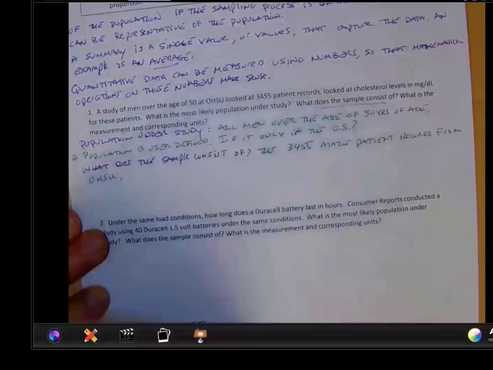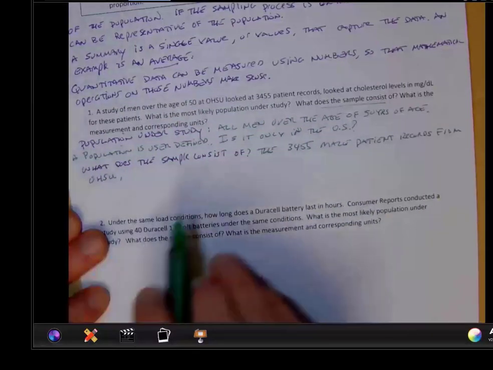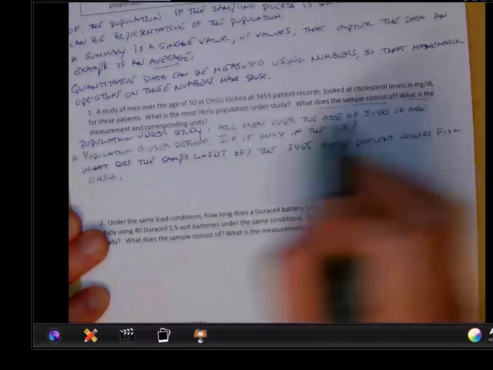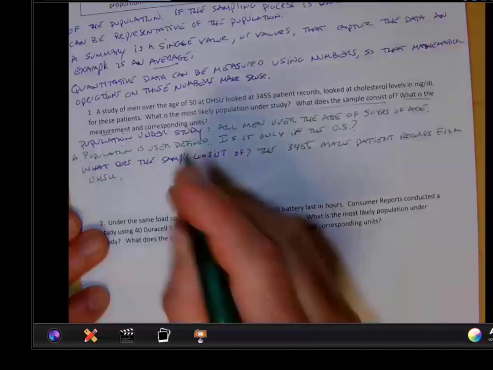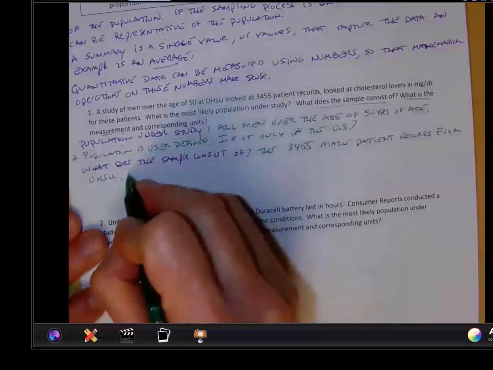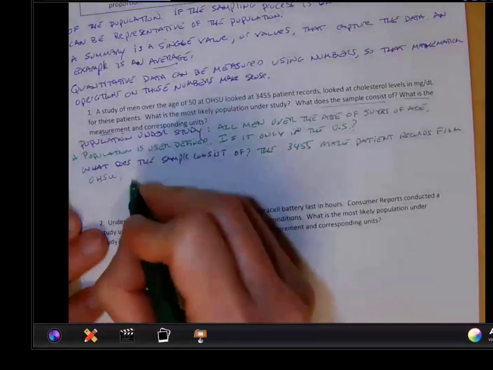And I'll throw this in too: what are the measurements and corresponding units? Again, the sample consisted of 3,455 male patient records from OHSU, and what we're measuring is cholesterol levels.